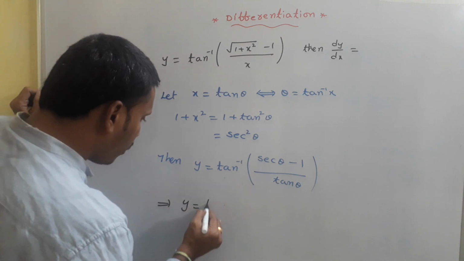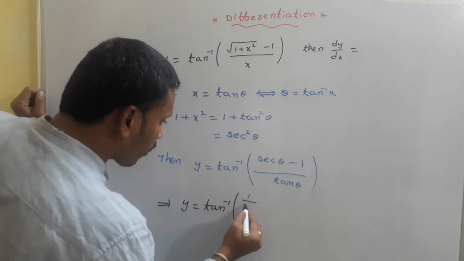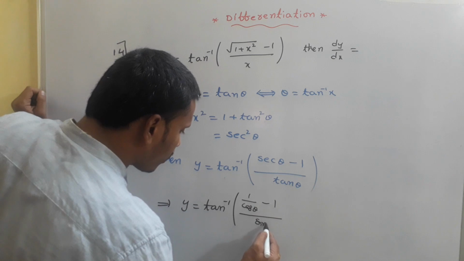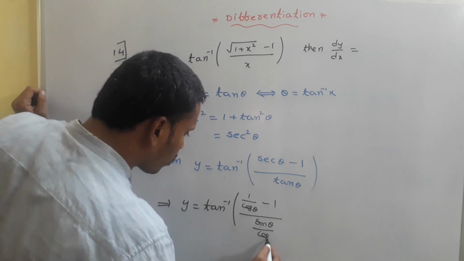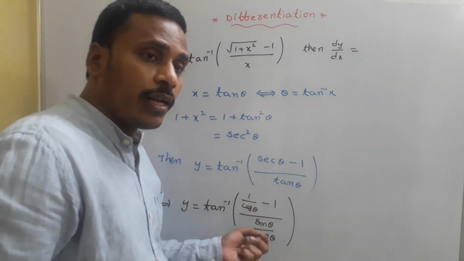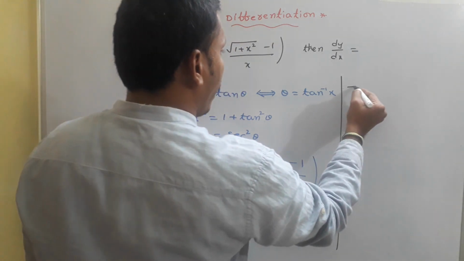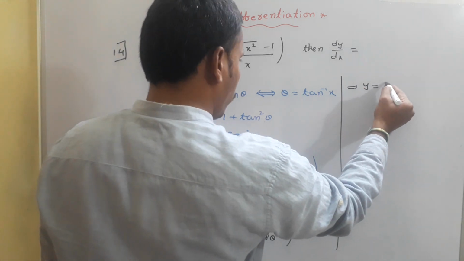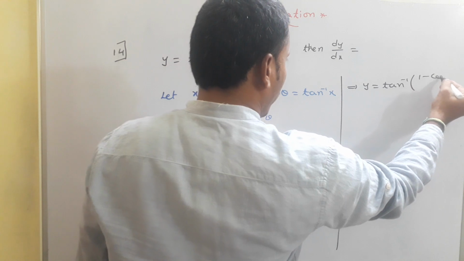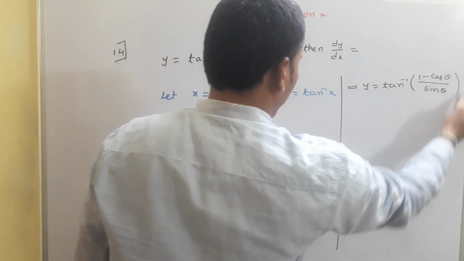So rewrite secant theta and tan theta with sin and cos. y is equal to tan inverse of 1 by cos theta minus 1 divided by sin theta by cos theta. Now we simplify the numerator as well as the denominator by cancelling cos theta. You have y equal to tan inverse of 1 minus cos theta divided by sin theta.